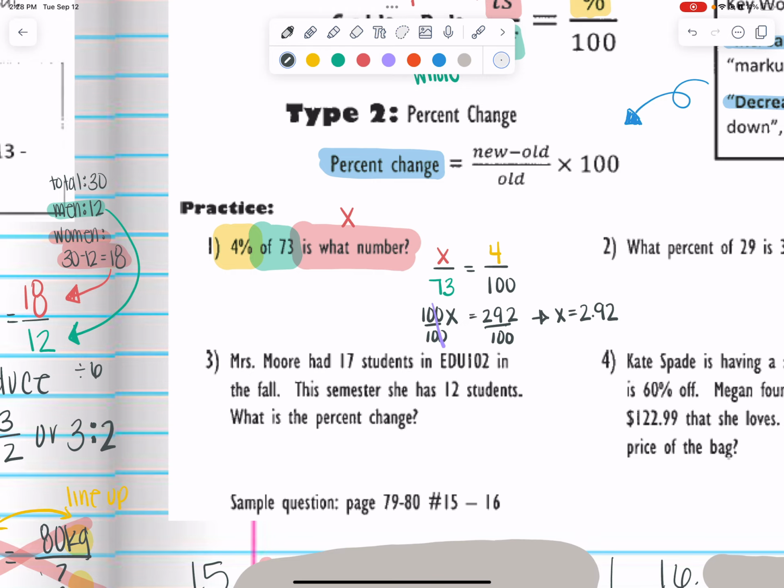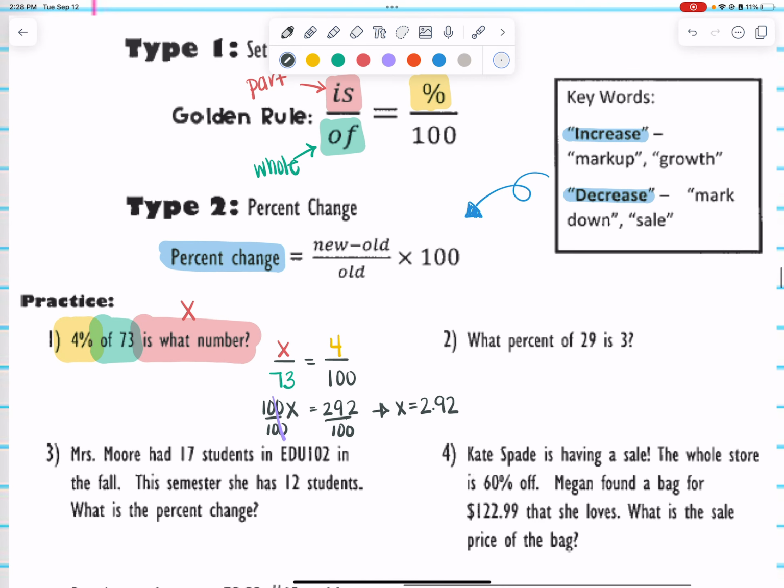All right, number 2, what percent of 29 is 3? Okay, so I'm going to go through and label my stuff. What percent, well, that's my unknown, so I'm going to call that x, of 29 is 3.